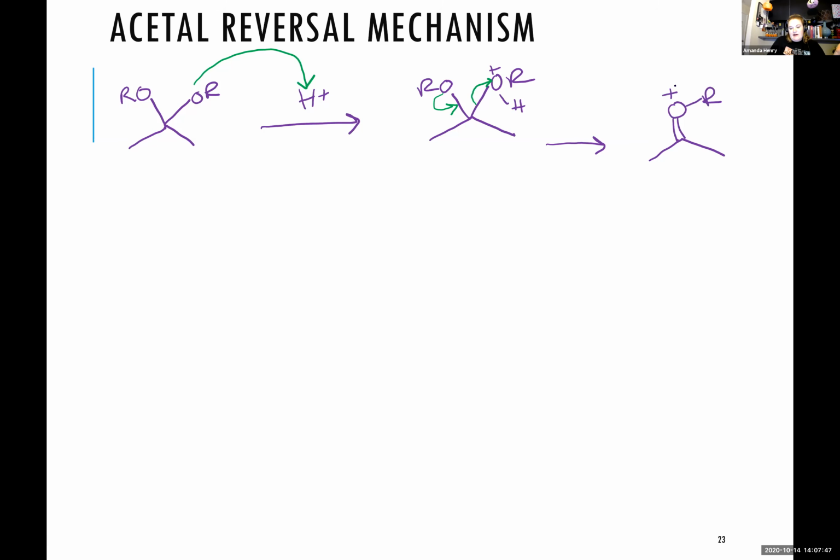So now we have that carbonyl. It's not really a traditional carbonyl. It has that R group attached to it still, but it's a carbonyl. So now water gets to come in. And we're going to do a nucleophilic attack. That water is eventually going to become the oxygen for the ketone.